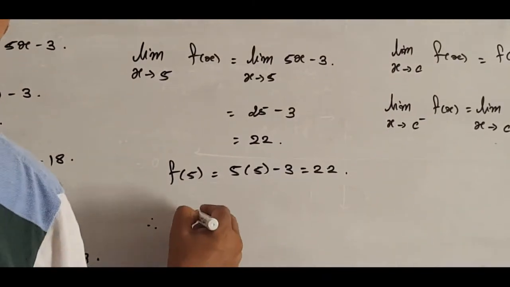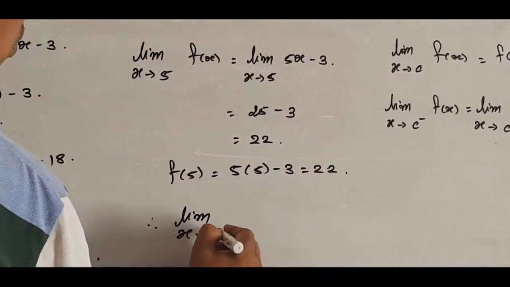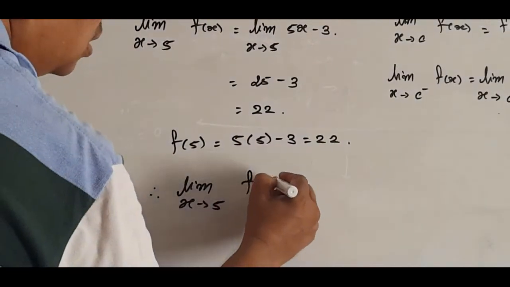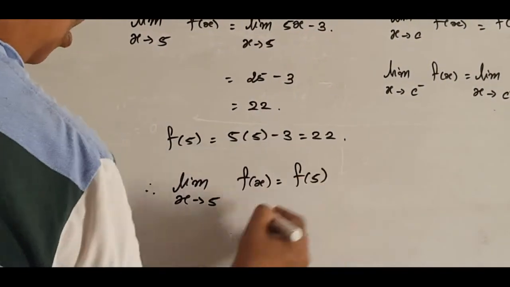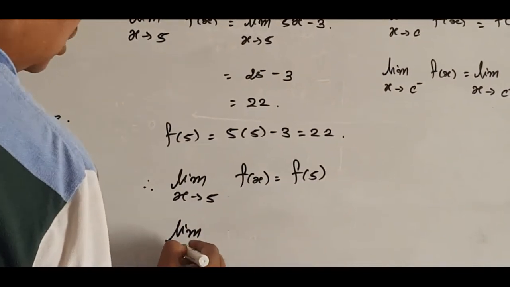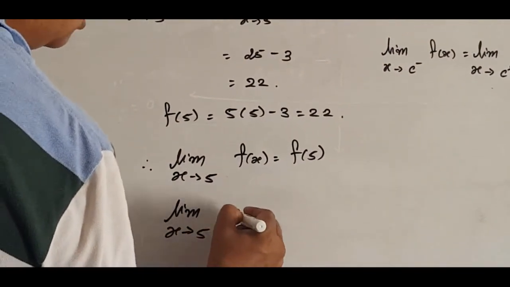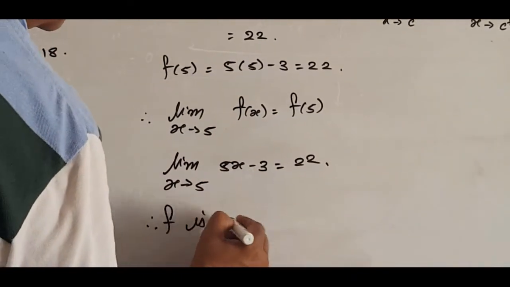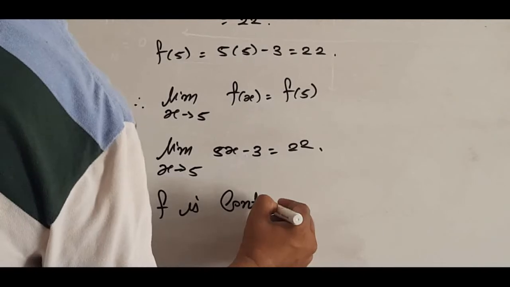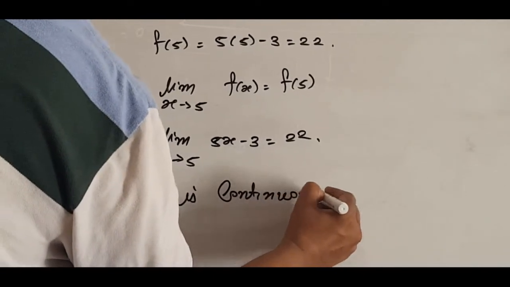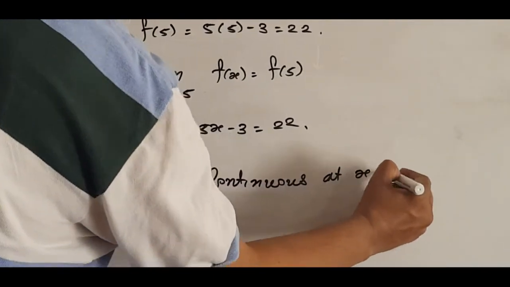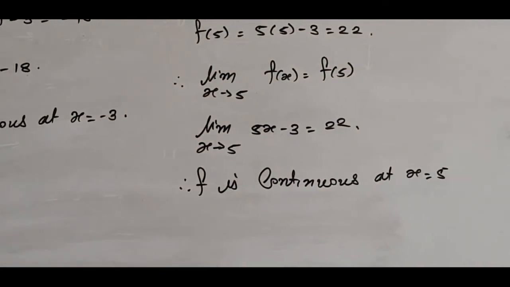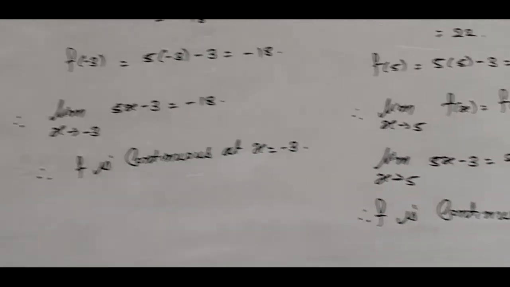So therefore, the limit of x tends to 5, f(x) is equal to f(5). So therefore, f is continuous at x equal to 5. Is that clear? Even we can see the graph of this function.